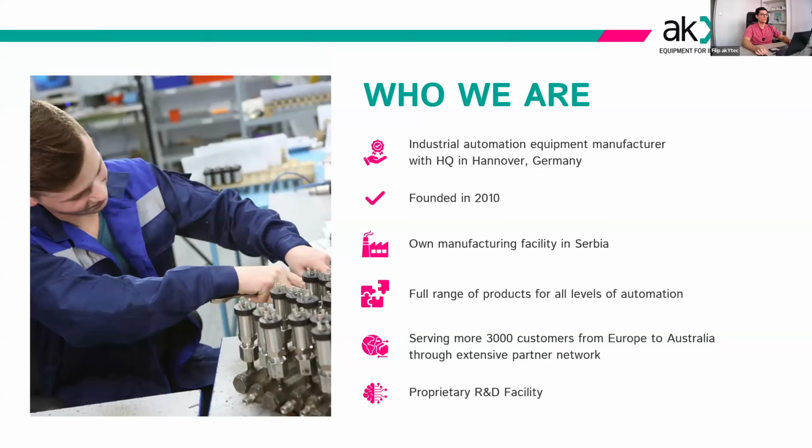Today we offer a full range of products for all levels of automation, from simple indicators to advanced PLC systems. Through our extensive partnership networks, we served more than 3,000 customers from Europe to Australia, as you can see from the people that joined our webinar today. And everything we do is backed by our own R&D facility, ensuring that every new product is developed and tested in-house.